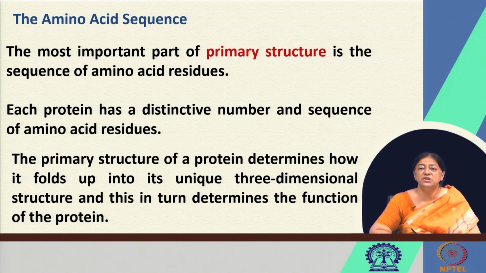So, it is this major scaffold that determines what the function of the protein is going to be. So, there is what is called a structure function relationship. The primary structure determines how the protein is going to fold up into its unique 3-dimensional structure, and as I mentioned, this in turn determines the function of the protein.